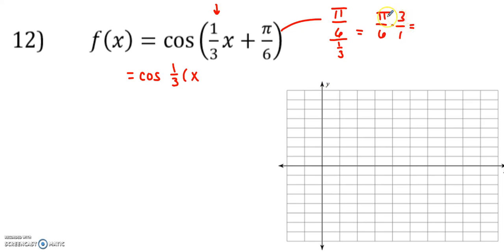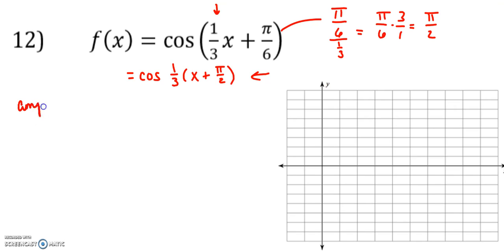It ends up being 3 pi over 6, which is pi over 2. So this is going to end up being x plus pi over 2 once this gets factored out. Let's check it. If I multiply it back in, 1/3 x plus pi over 6. Yep, check. So here's my equation that I want to work with.